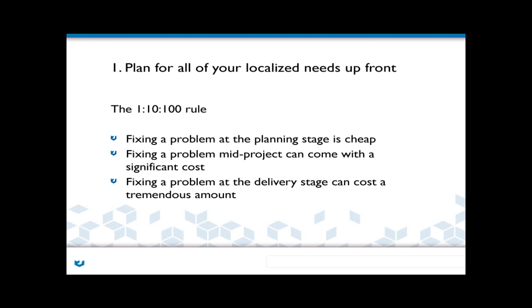Once you get your project rolling or start getting infrastructure implemented and you come across a problem, it's going to cost significantly more than it would if you had planned around it from the beginning. And then when you get to a point where you've already started distributing content or delivering whatever it is that you're delivering out there, if you run across a problem, it can cost a tremendous amount to fix it.